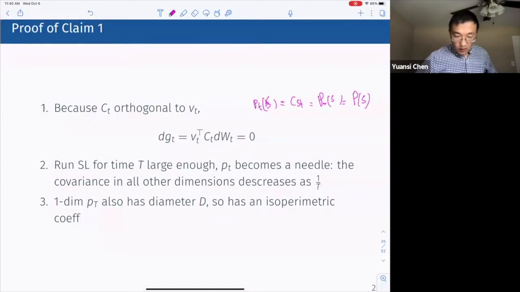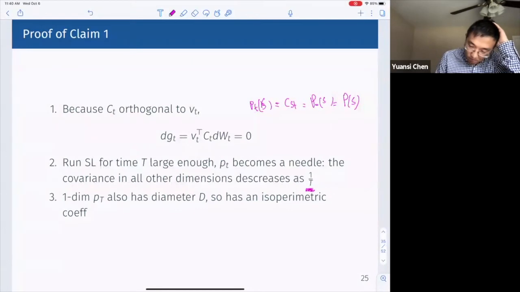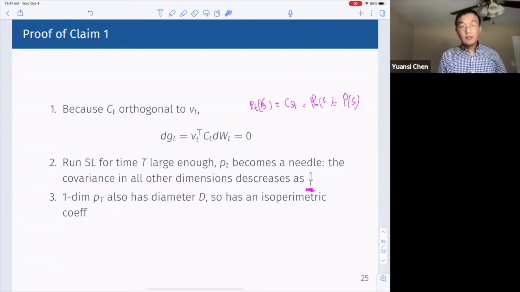And then if you run the stochastic localization for t large enough, P_t becomes a needle, because the covariance in all the other directions has to decrease as 1/t, because the Gaussian part keeps increasing in all the other directions. And so it will become a needle. And for the one-dimensional density that you end up with for t large enough, it still has diameter D, the same diameter as the original density.